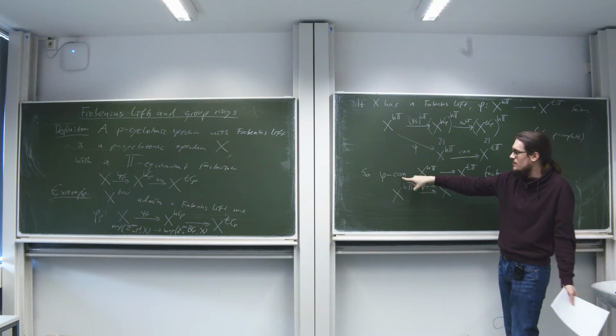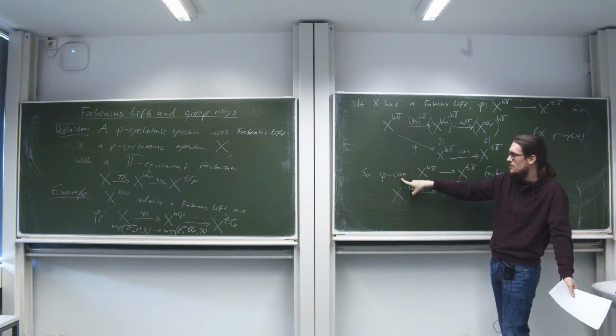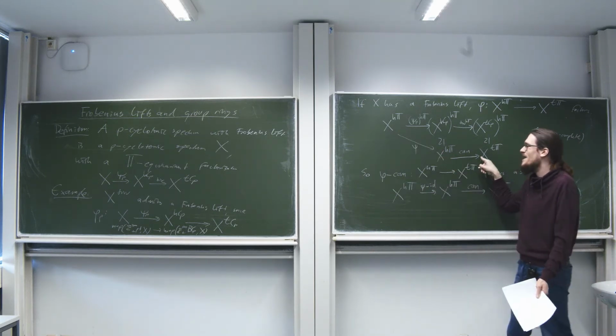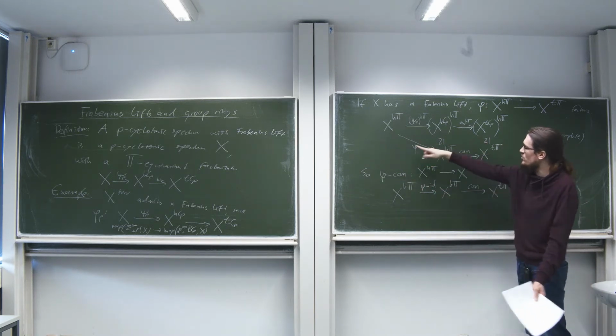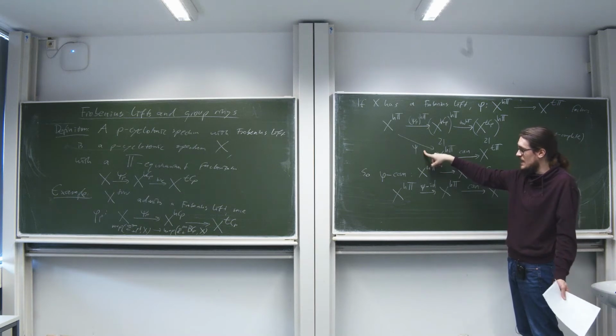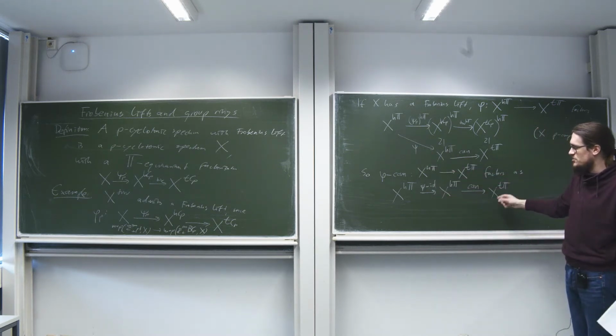Because we can factor can through an endomorphism followed by can, namely the identity, and we can factor phi through an endomorphism followed by can, namely this psi. And so you get this factorization.